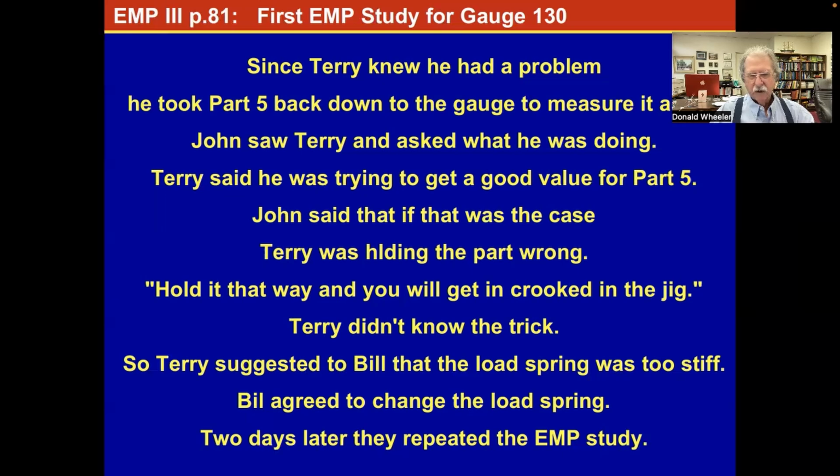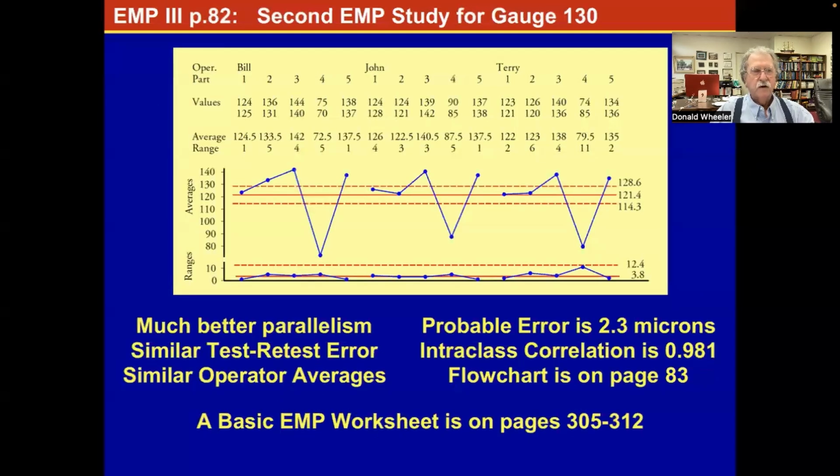Two days later, they repeated the EMP study with another grab sample of 5 parts. Much better parallelism, similar test-retest error, similar operator averages. We compute the probable error here as 2.3 microns. Now they're all doing as well as John did before.